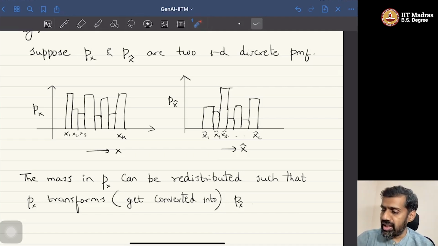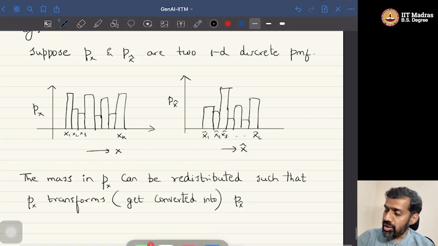I hope the idea is clear. So we want to transform this P_X into P_X cap by redistribution of mass. So this transformation has to be via redistribution.